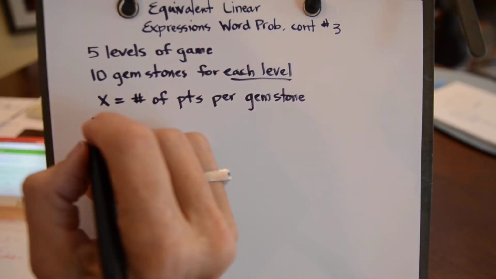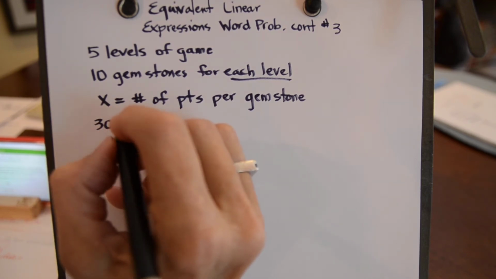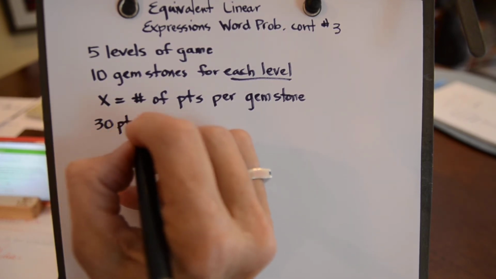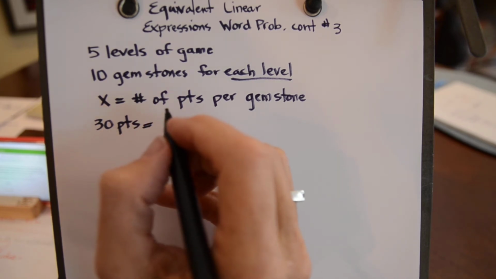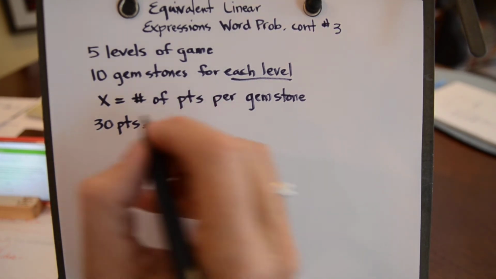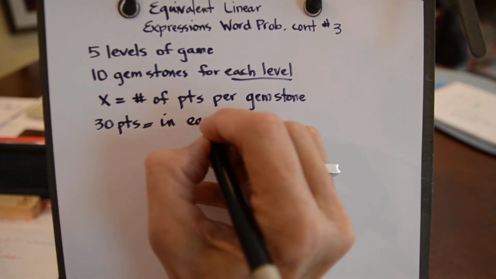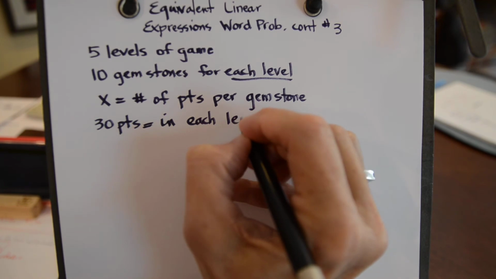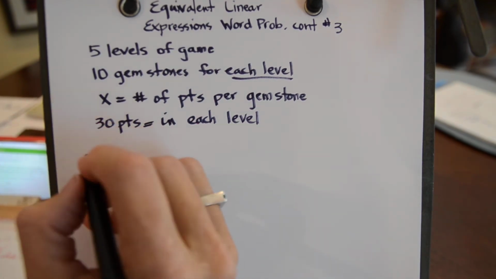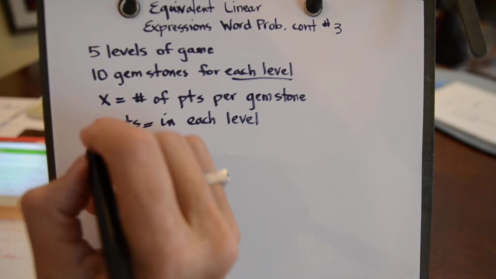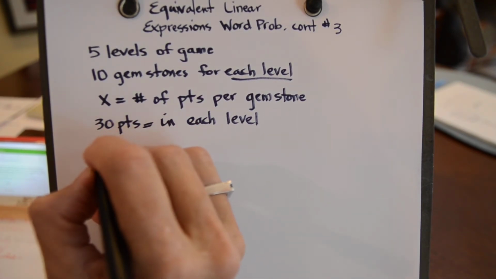Then he got 30 points in each level. Okay, that's what they've told us. And here are our expressions, and they want to know which ones might be equivalent.